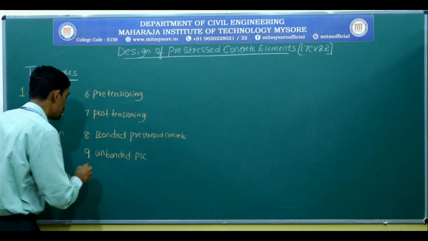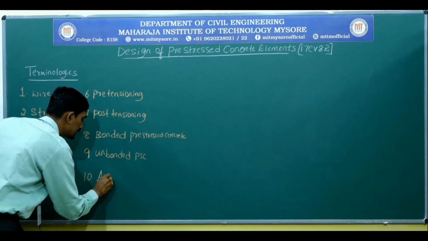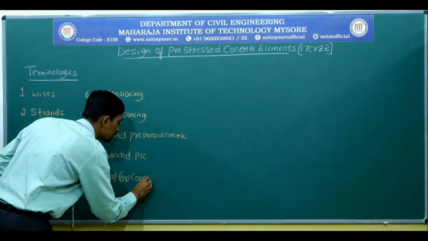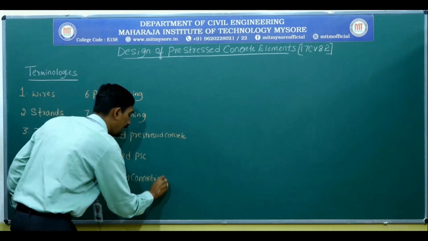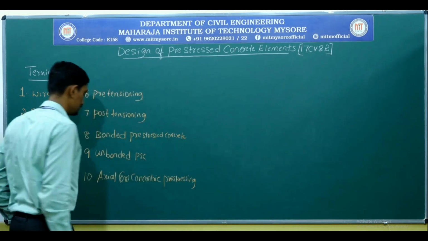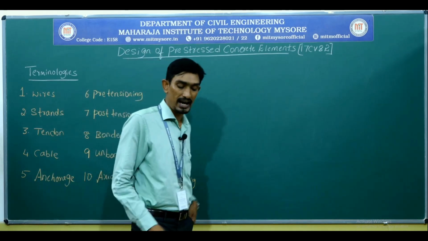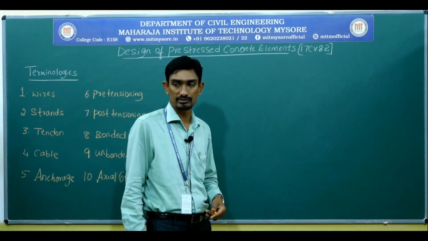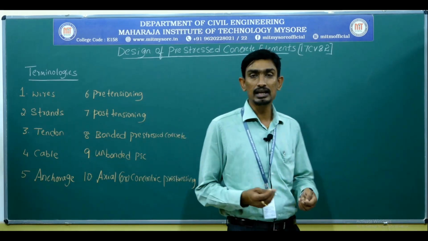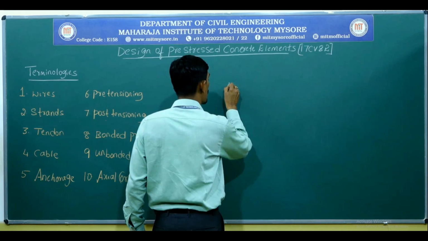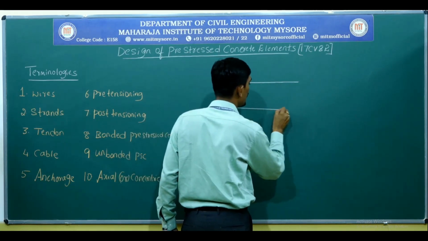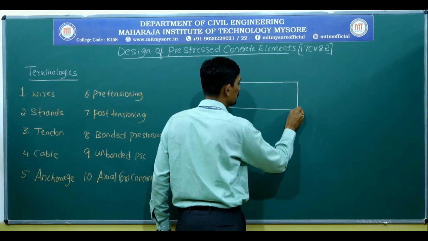Next, we come to a very important topic: axial or concentric prestressing. What is the meaning of axial or concentric prestressing? Let me explain this terminology with a diagram. Let us draw the longitudinal section of a prestressed concrete beam.